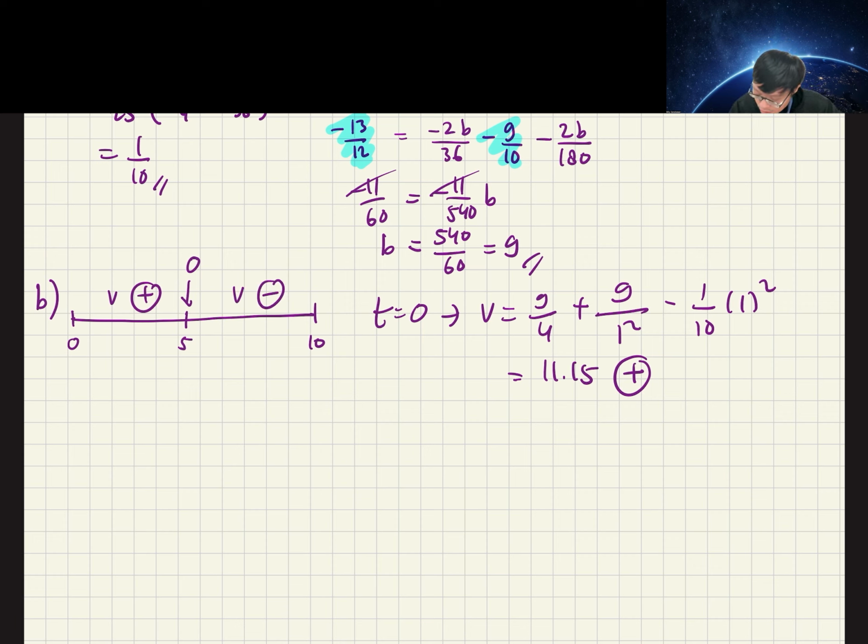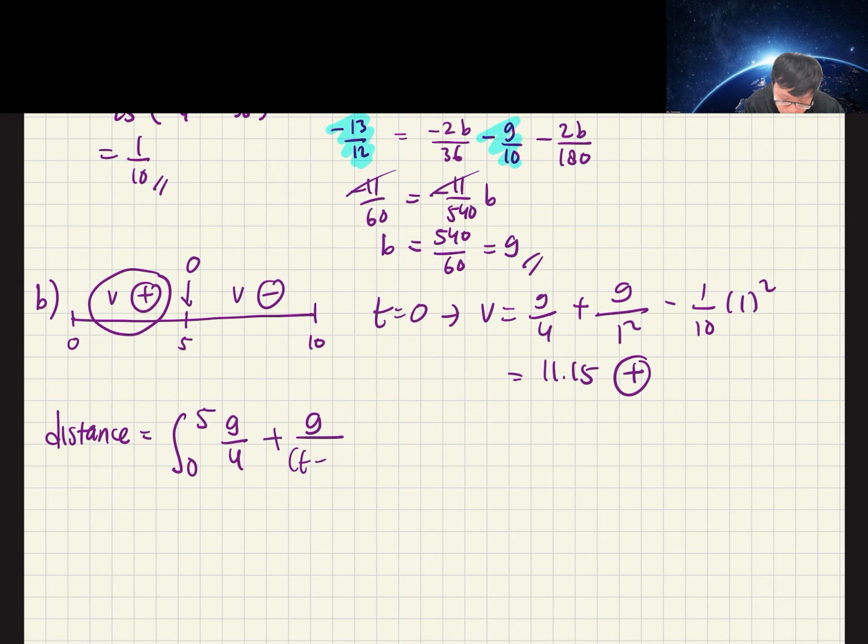This is very crucial information because from here we can find the distance. The distance, velocity is positive. When you integrate that, you will get a positive integral result. So integral from 0 to 5, the velocity equation is 9 over 4 plus 9 over (t plus 1) squared minus t squared over 10.